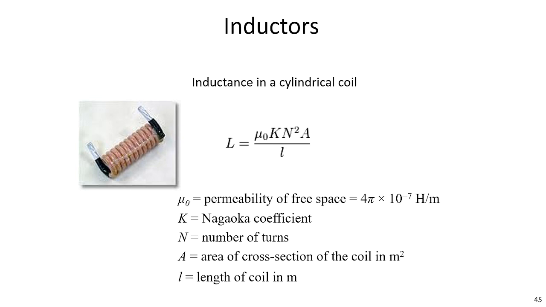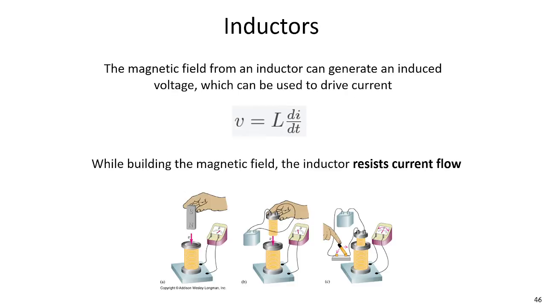The inductance property of the element can be computed by this formula. Mu is the permeability of free space, K is the constant coefficient, N is the number of turns, A is the area, and L is the length of the coil. Again, we are not using this equation in this class, okay?